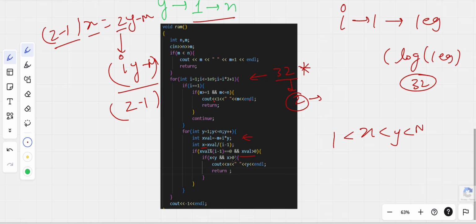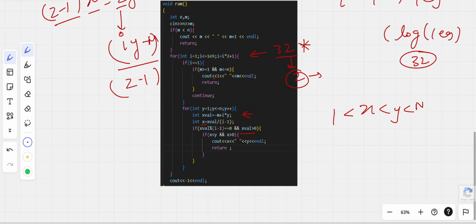So if x is less than y, meaning it satisfies the condition, and x is greater than 0, then we will print x and y. And also we have a base case: if i is equal to 1, because we cannot divide by i minus 1, it will give you undefined.